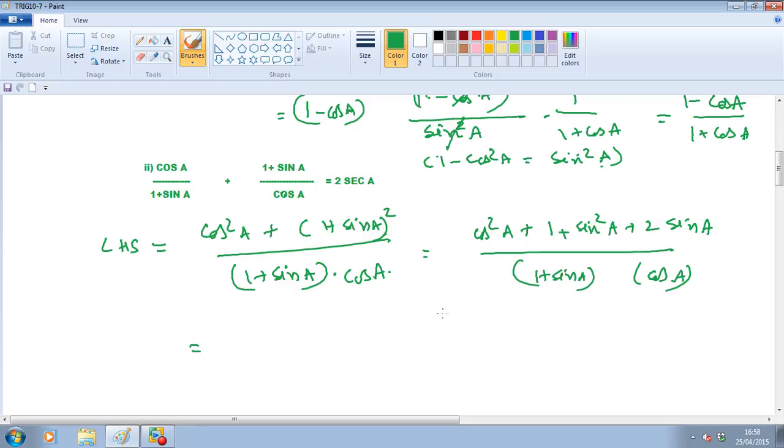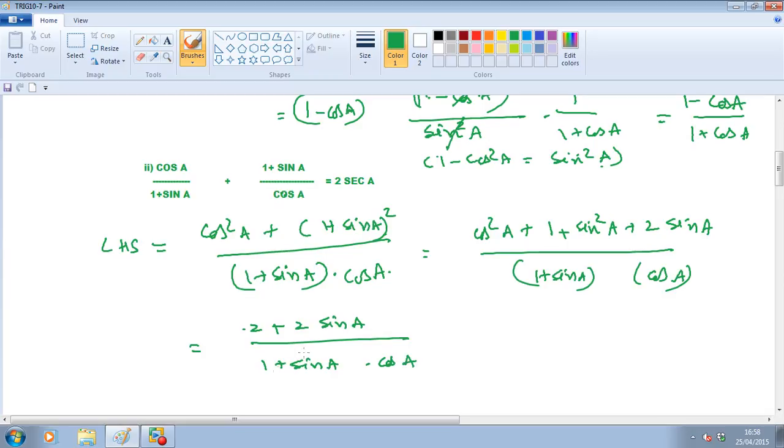So this 1 plus 1 will become 2. It is equal to 2 plus 2 sin A divided by 1 plus sin A multiplied by cos A.